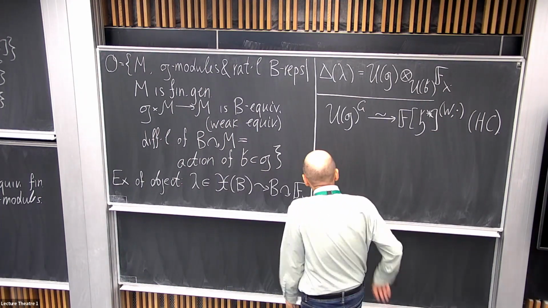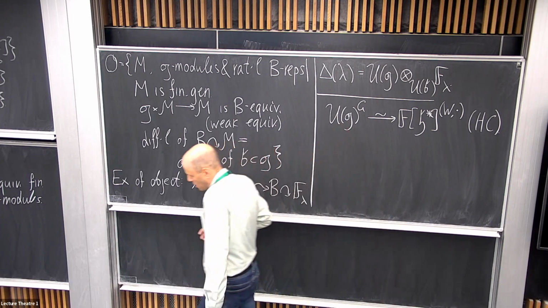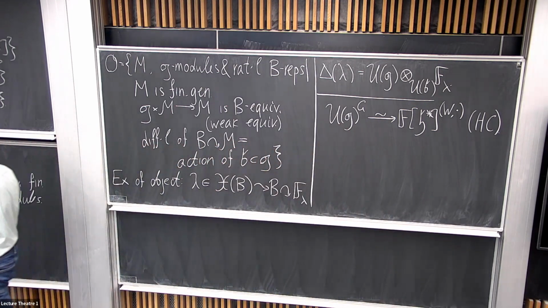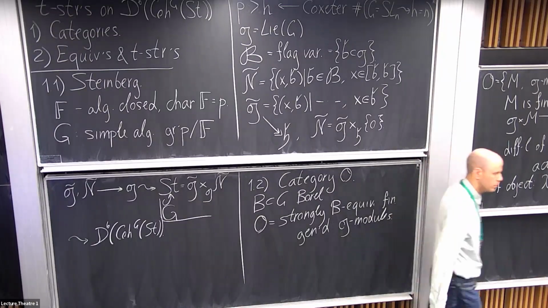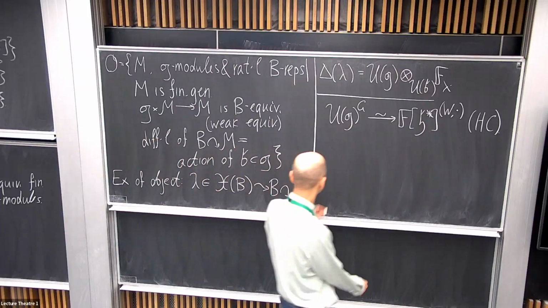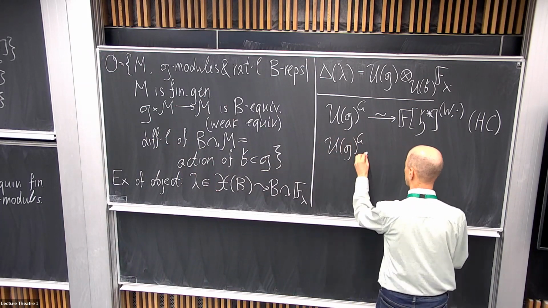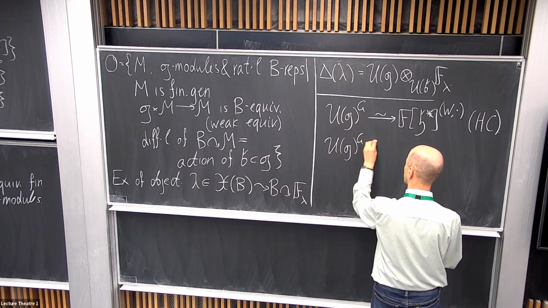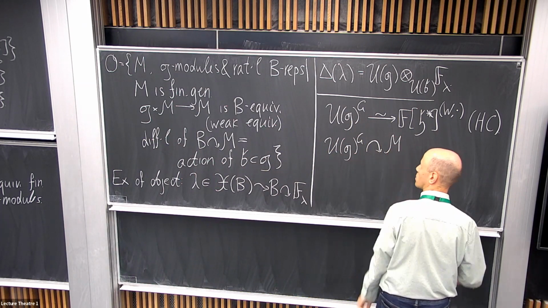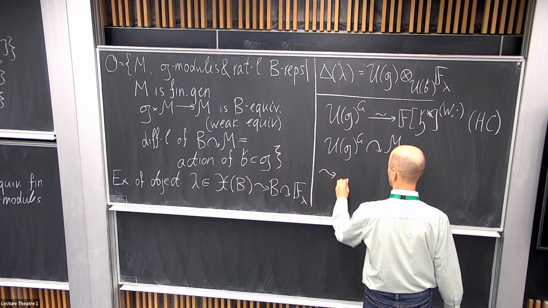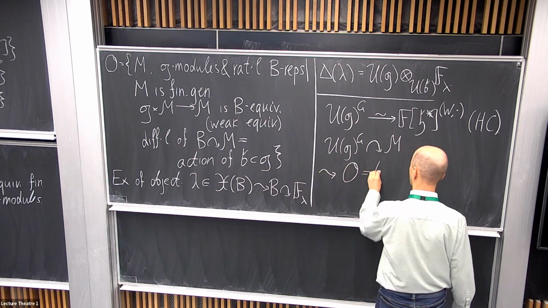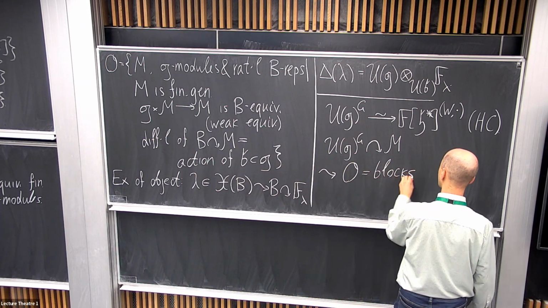And then you can show that the center acts on every object from category O locally finitely, so you can write the block decomposition as usual. So the action of the center of U of G, the G invariants in U of G, on an object in O gives rise to a decomposition of O into blocks.